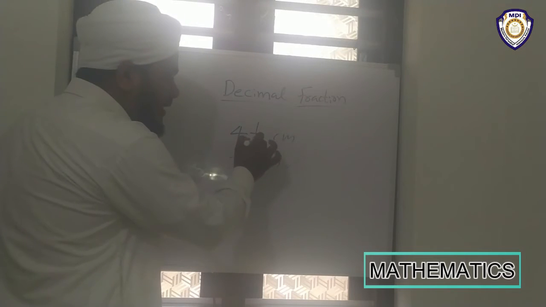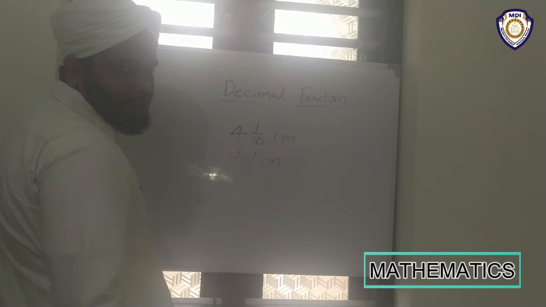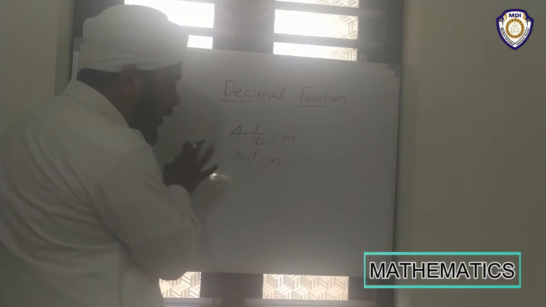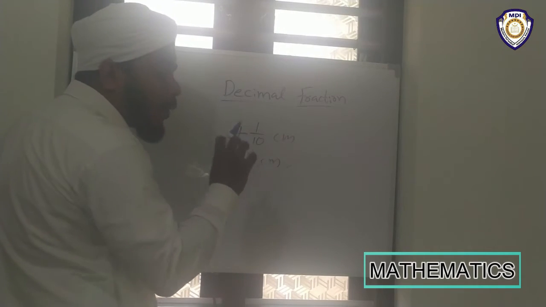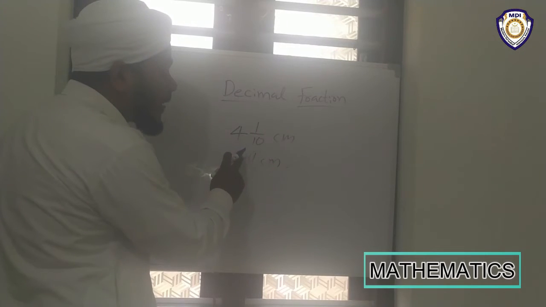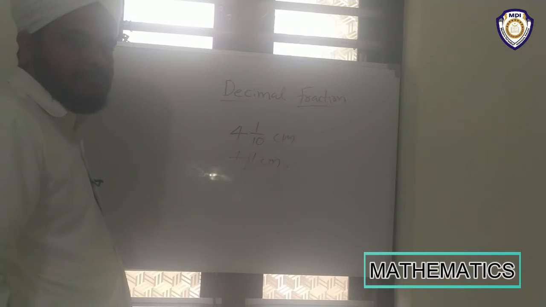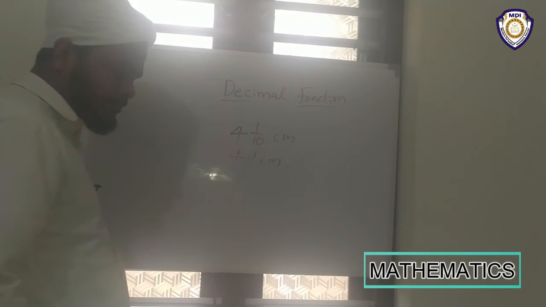This is the whole number part, and the decimal point separates the whole number from the fractional part. This is the decimal number.